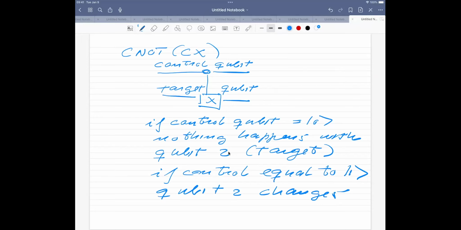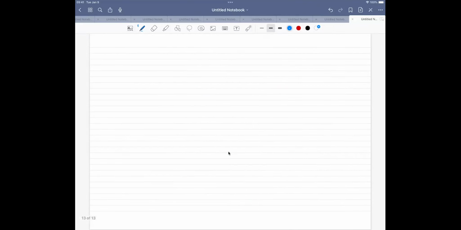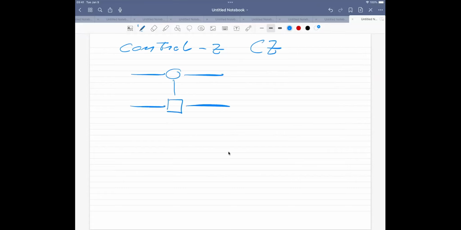We have other types of matrices which you can encounter and which are part of this type of unified transformations which we're interested in. So we have a control C gate, which is often written just as a C, and that has a drawing which looks like this. We leave the control qubit open, and then we have a C gate here.